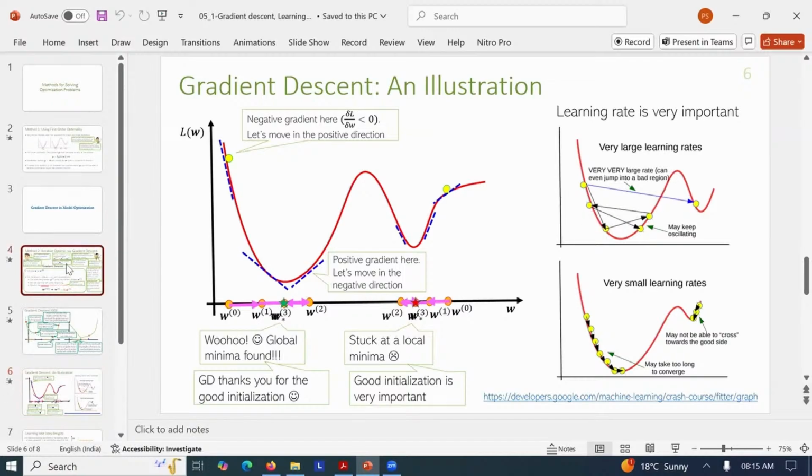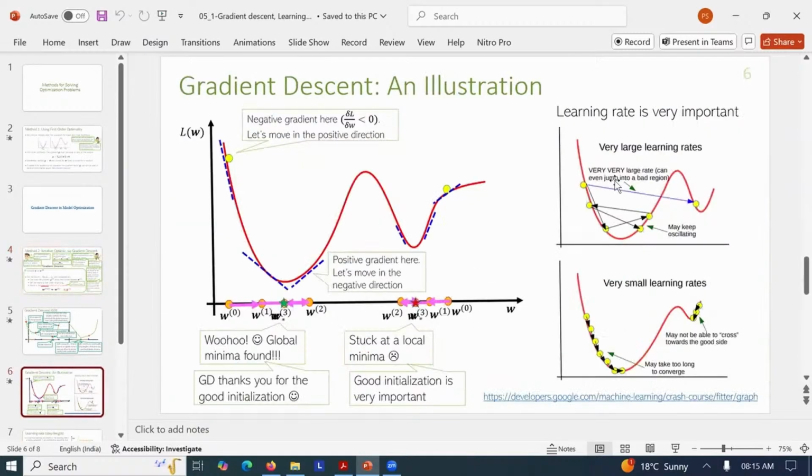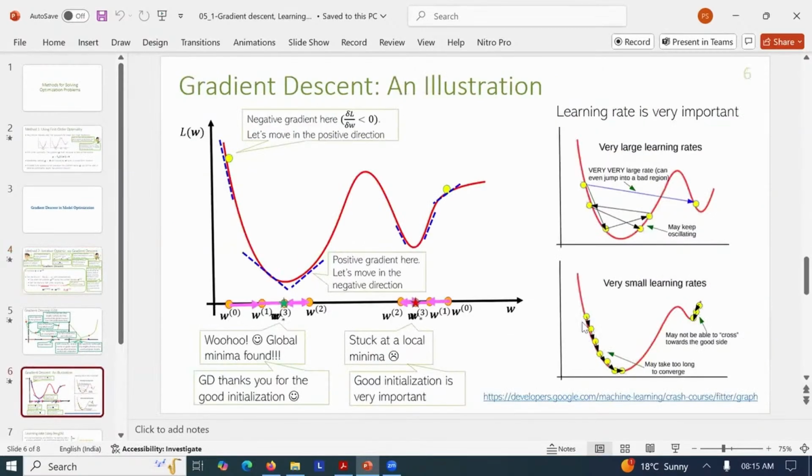Because in this case eta_t g_t is a large number, so if we add a large number, we will move from this position to this position. On the other hand, if the learning rate eta_t is very small, then this product eta_t g_t will be small, and we will move to this position very slowly.